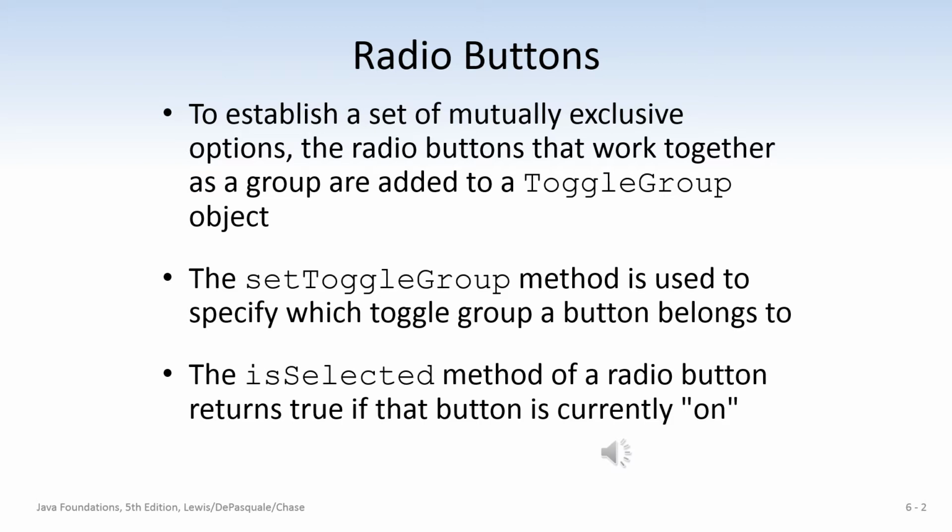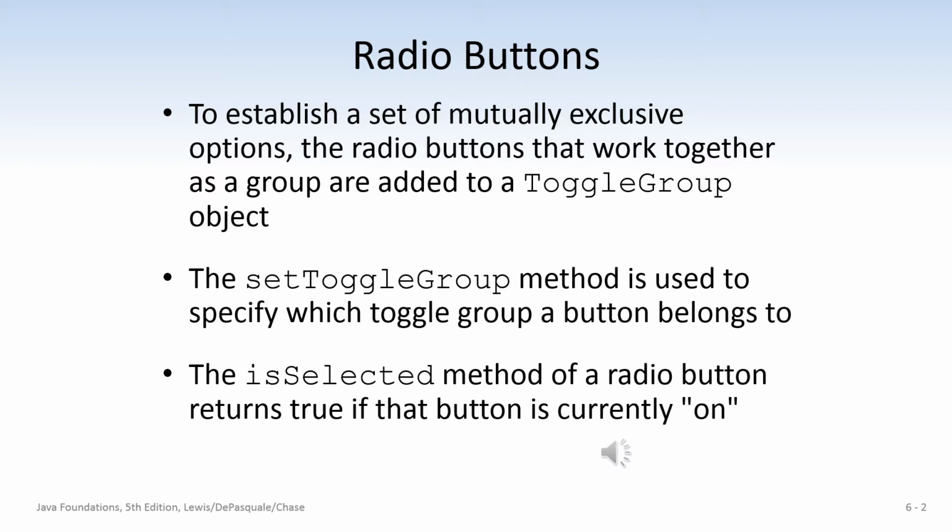Quick review of what we just saw. The purpose of radio buttons is to establish a set of mutually exclusive options. Only one can be selected, and when one is selected, every other member of the group, in this case the toggle group, is deselected. The setToggleGroup method is invoked to specify which toggle group a button belongs to.